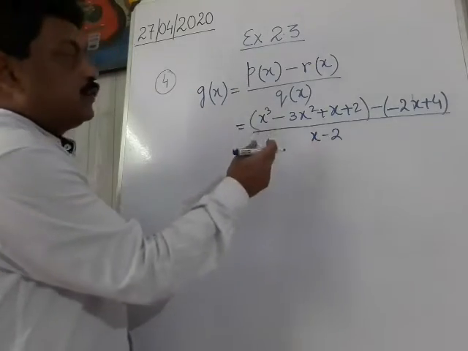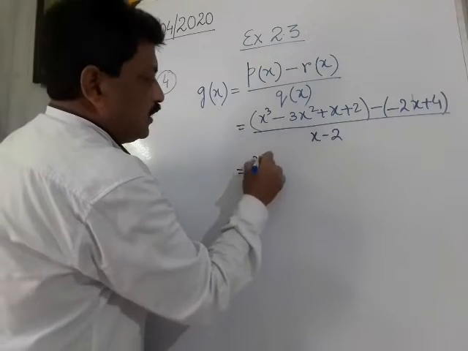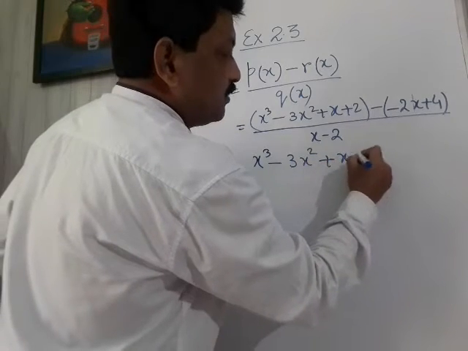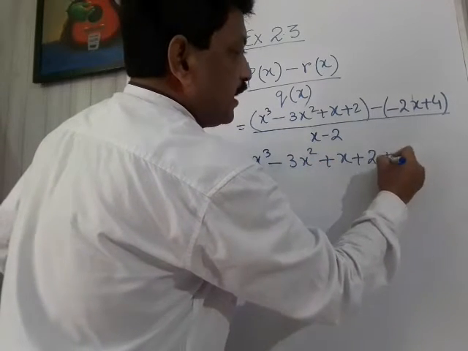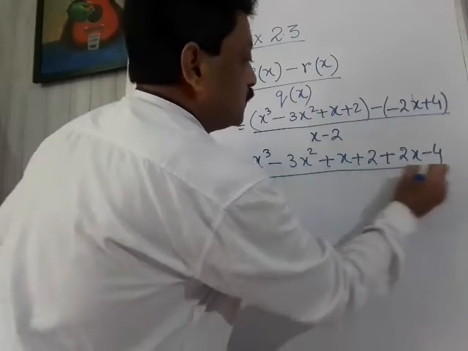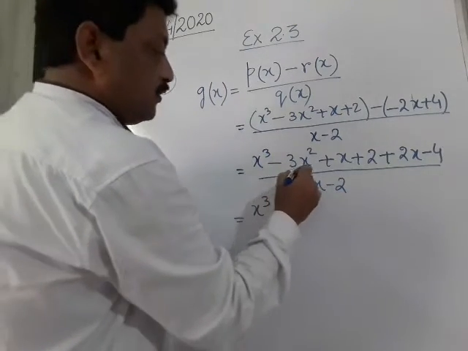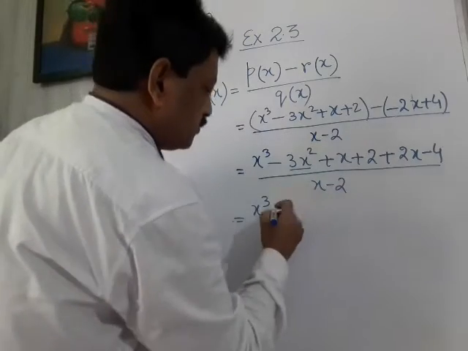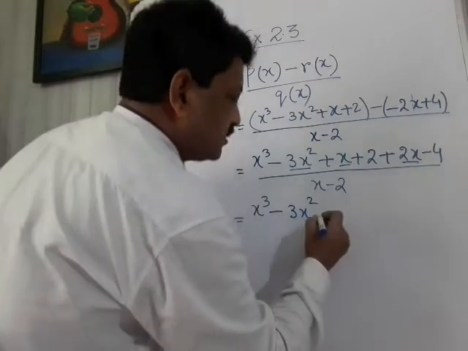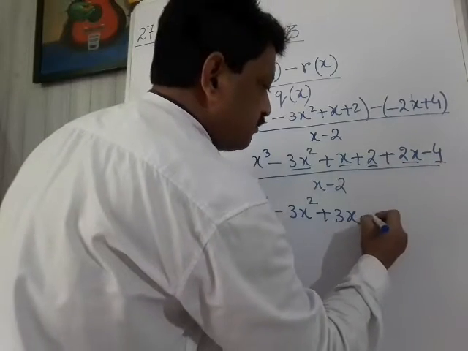So after replacing the values of p(x), q(x) and r(x), I have got this one. So x cube minus 3x squared plus x plus 2, minus and minus makes plus 2x, plus minus minus 4, upon x minus 2. So this is x cube, here minus 3x square, so it will be minus 3x square only, plus x and plus 2x is plus 3x, and plus 2 minus 4 is minus 2.